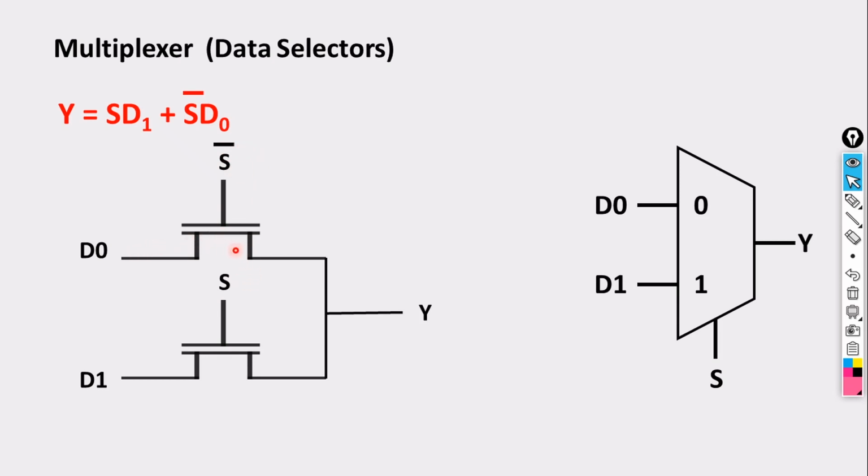So this particular transistor is on, and my Y will be D0, because the other is an open switch. When S is 1, this transistor is in off mode and the other transistor is in on mode, so this is a closed switch and the other is an open switch. So my Y will be D1.